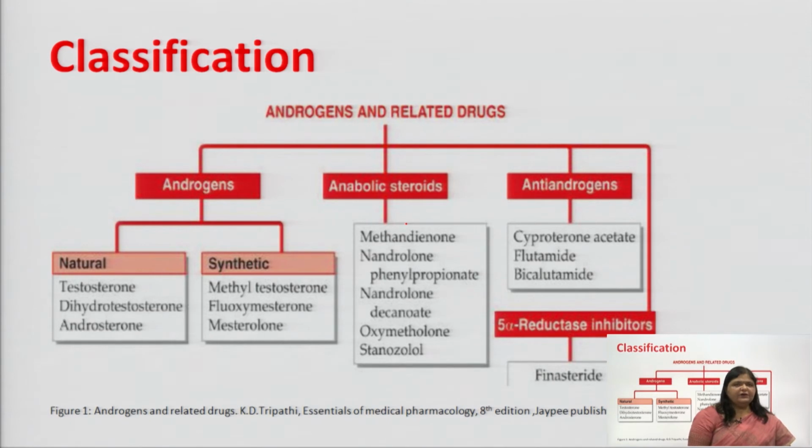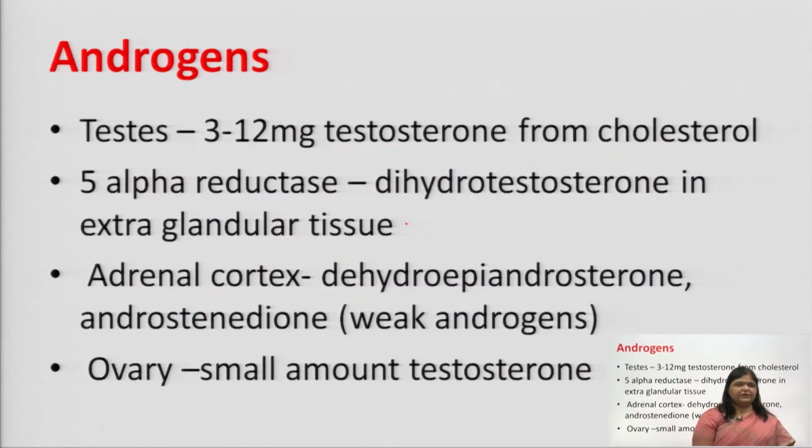The anabolic steroids are methandienone and nandrolone. We will be talking about these drugs in our subsequent presentations. Then the anti-androgens are cyproterone acetate and the 5-alpha reductase inhibitor finasteride. So, we will first be talking about the androgens.